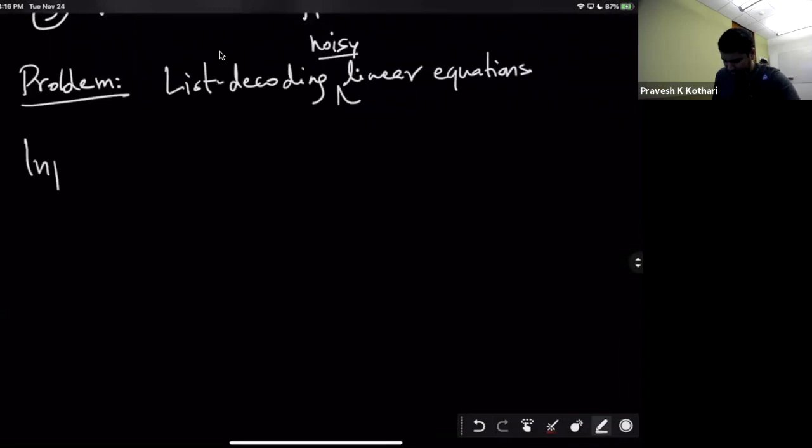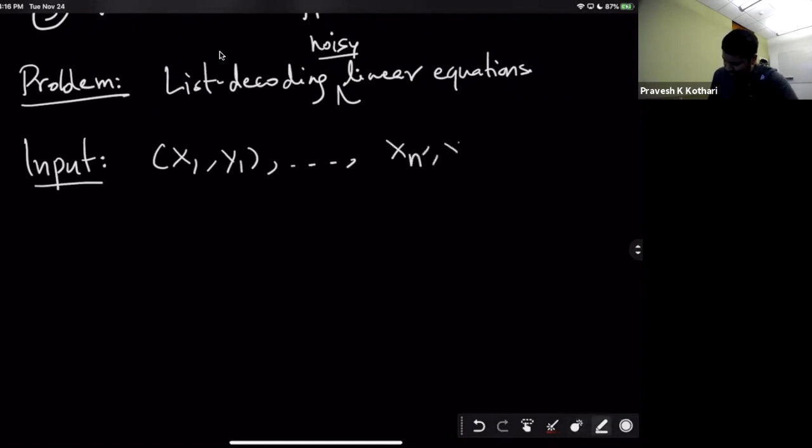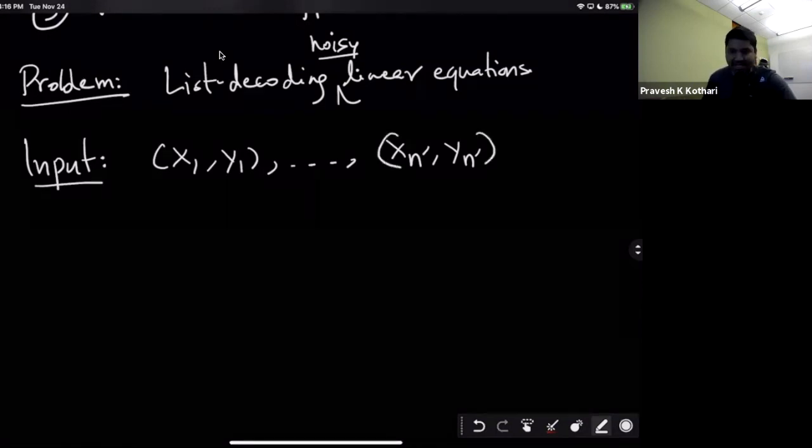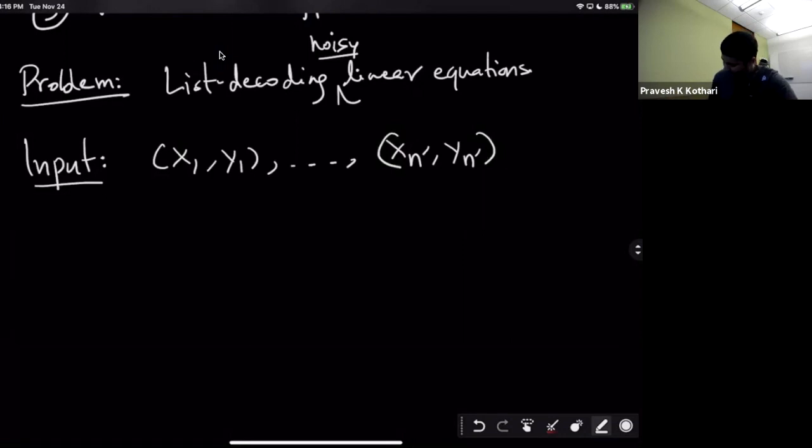So, let's maybe write it like this. Suppose I give you a bunch of x1, y1 and so on up to xn', yn'. Let me call it xn prime, yn prime right now. I'll soon replace this n prime notation with something else because you'll see I'm going somewhere. But right now, let's say that I have these xi, yi pairs. And what I know about these pairs is that each of these xi, yi are as follows. The xi's are d-dimensional vectors, where d, as in the previous lecture, serves as a dimension, and the y's are just real numbers.